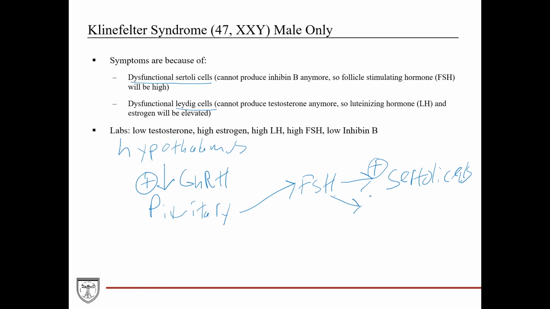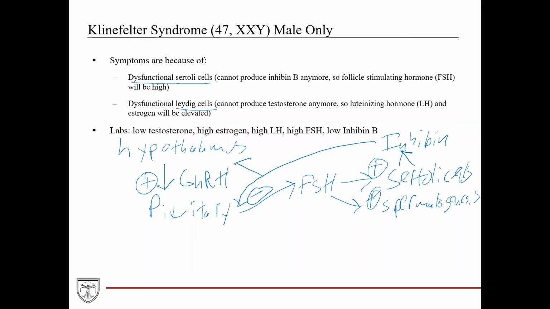And then it also stimulates spermatogenesis. And then the Sertoli cells release a substance known as inhibin. Now, inhibin comes back and negative feedbacks on the pituitary, inhibiting release of FSH, and it also has negative feedback on the hypothalamus, inhibiting release of gonadotropin releasing hormone. So it's a classic example of feedback inhibition.